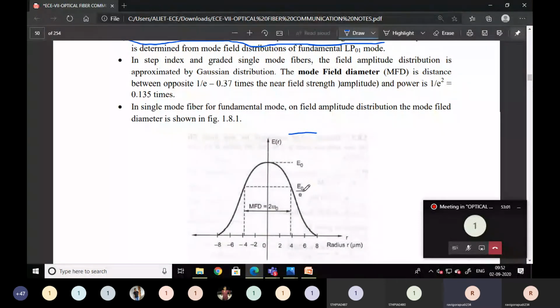So MFD is, at the 1 by E point, what are the widths? This is one omega naught, this is another omega naught. So 2 omega naught is the distance, called MFD. If you want power, the 1 by E square term we can take. At 1 by E square, you get 0.135 times the power.